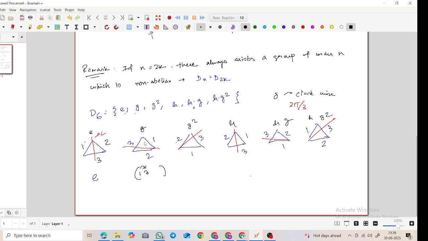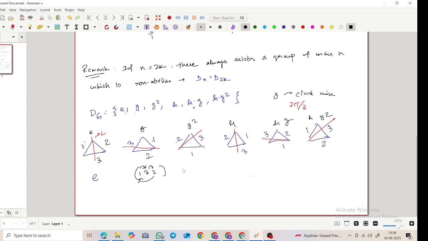And then 2 going to 1, and 3 going to 2, right? So you see, 3 is in place of 1, 1 is in place of 2, 2 is in place of 3. So 1 has gone to 3, 3 has gone to 2, 2 has gone to 1. Clear?